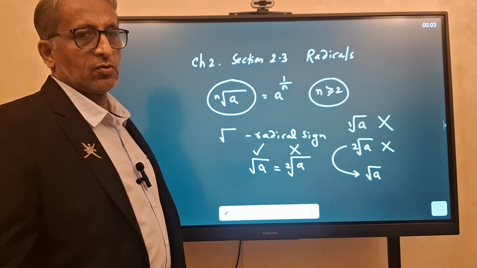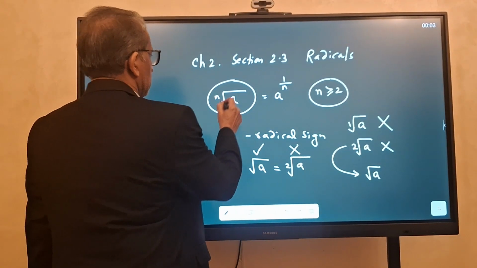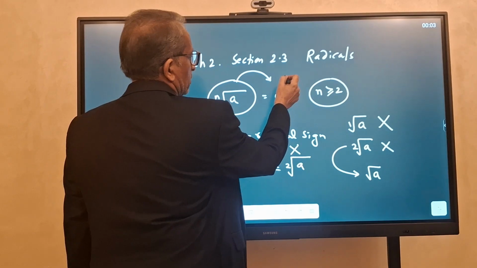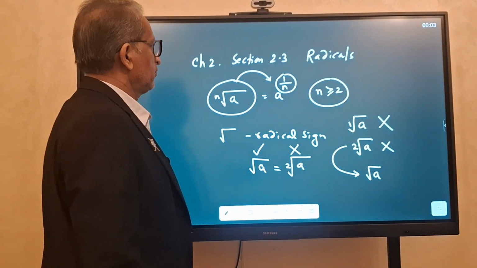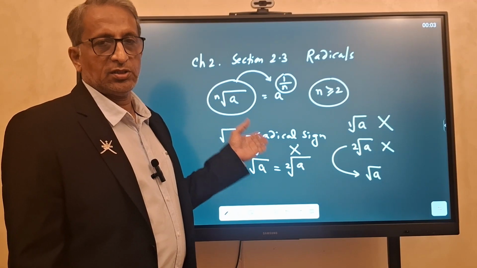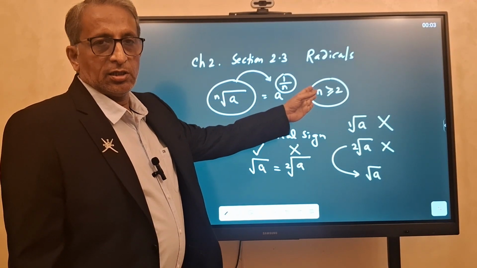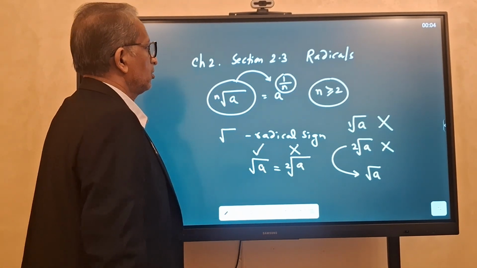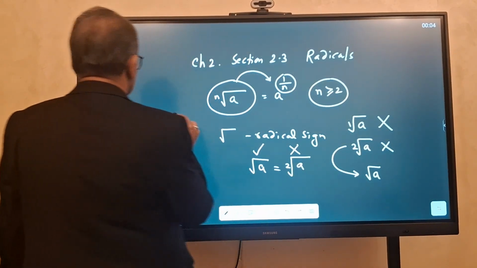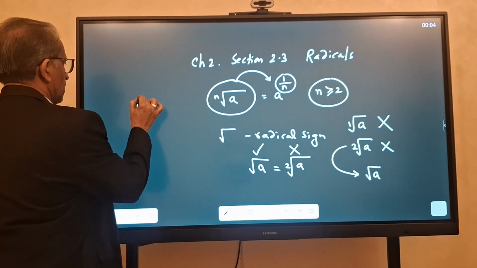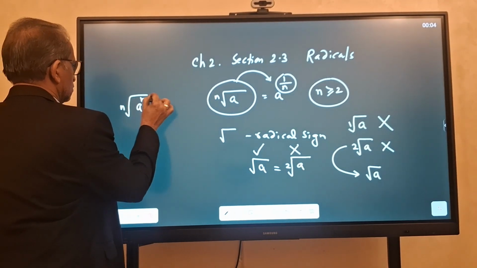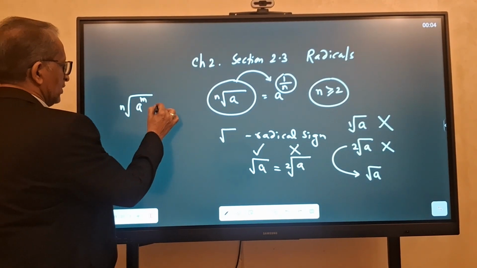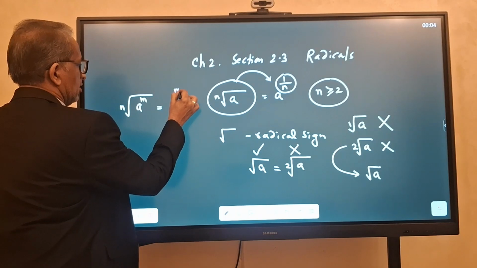And the same laws we are going to use, because ultimately I am converting the radical into rational exponents. So whatever laws I have used in 2.1 are also applicable in section 2.3. Another rule: the nth root of a power m, I can write as a power m by n.